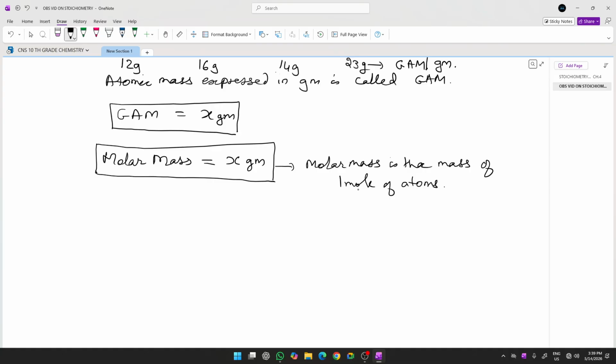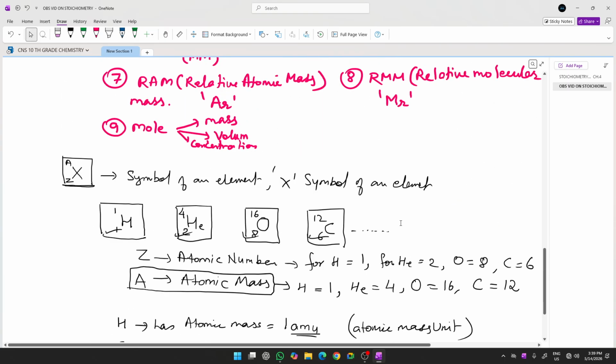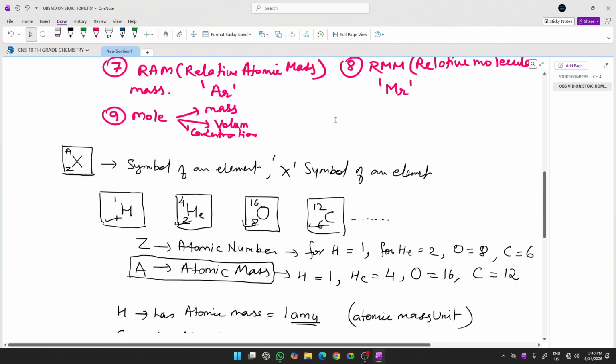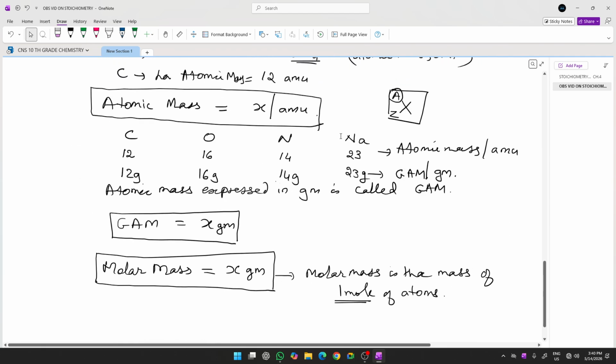Now we will understand that this mole is something that you should know. Okay, I'll do one thing. I'll change my strategy. Instead of going further with these other terms, here only I'll try to explain certain things.